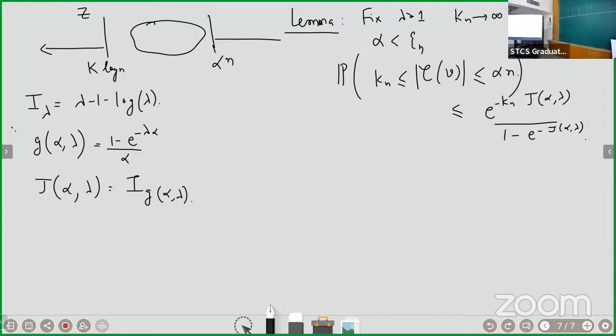So the lemma is clear, but the proof is not there. All you have to do is to recall something you did. Remember, we proved something about this Galton-Watson process as a function of neutral, active, and inactive nodes.